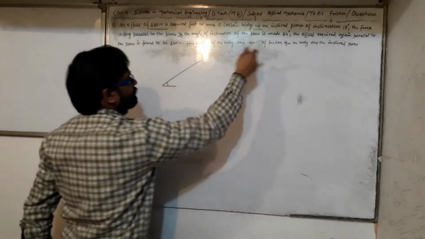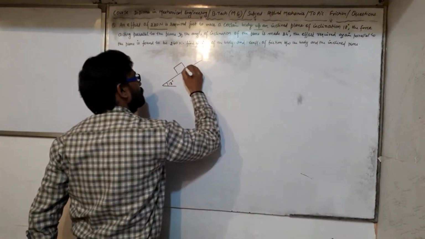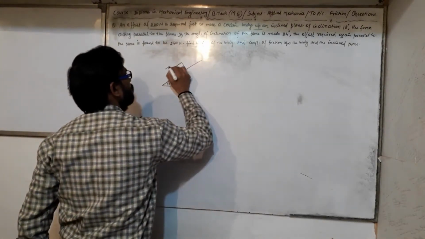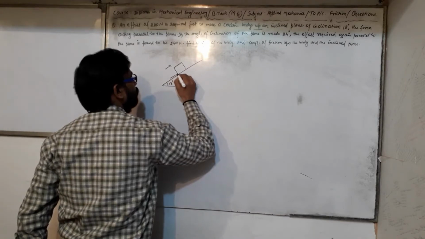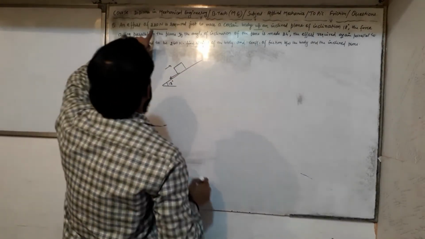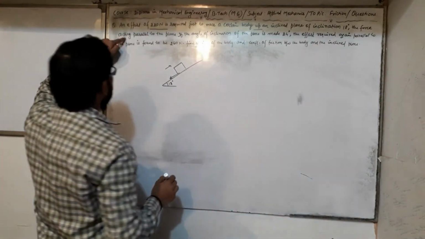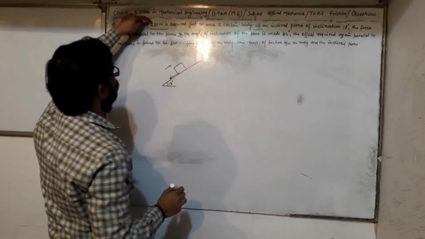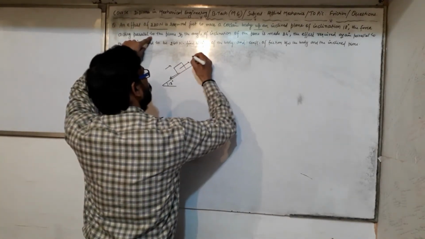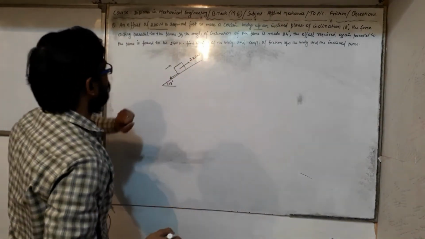Here the inclination is 18 degrees. A body is kept here. The tendency of the body is to move up, so the frictional force would act in the downward direction. Now an effort of 220 is required. This force of 220 Newton is acting parallel to the plane.